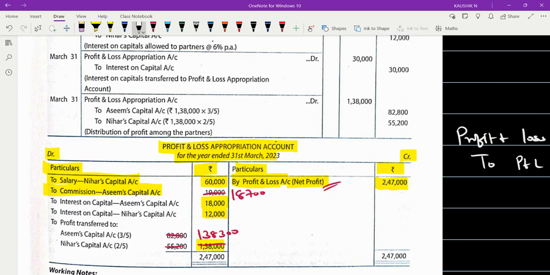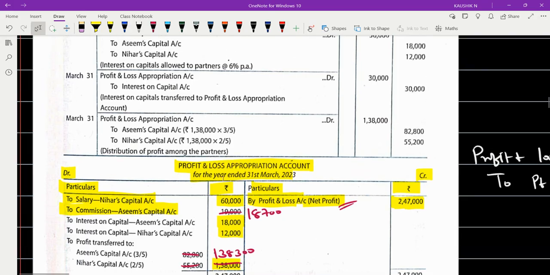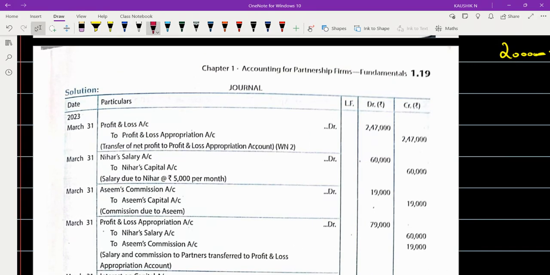Coming to the next, for the payment of salary. It is going to be: profit and loss appropriation account is debited to partner's salary, that is, Niha's salary. Then Niha's salary account is debited to Niha's capital account, right?